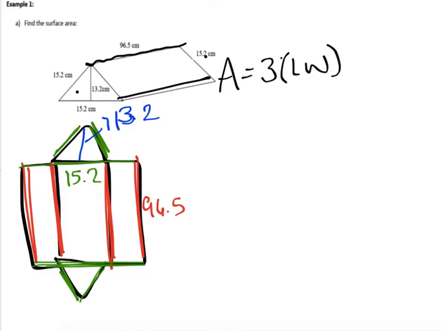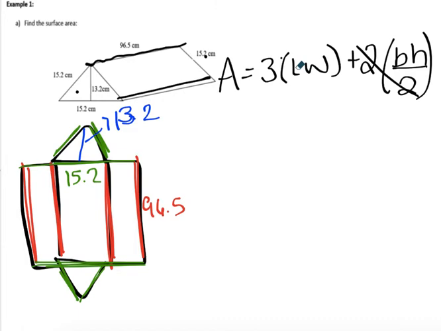And I can add to that the area of my 2 triangles. The area of a triangle is base times height divided by 2. Because I'm also multiplying by 2, my 2's are going to cancel each other out.